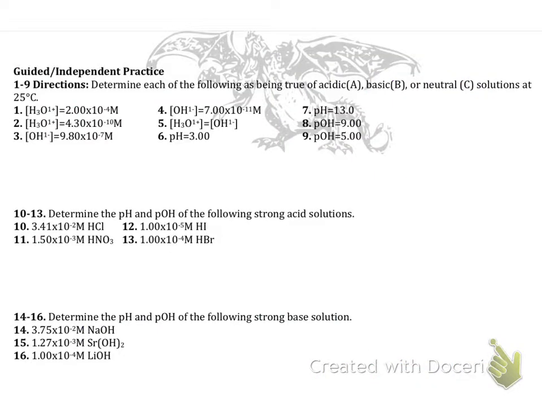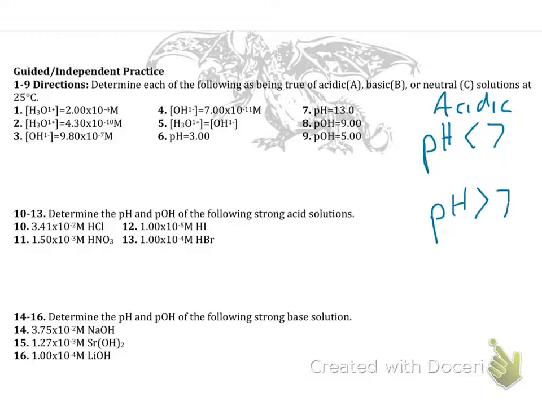Now, something to keep in mind is if you have a pH that is less than 7, it's going to be acidic. And if you have a pH that's greater than 7, it's going to be basic. And if you have a pH that's equal to 7, it's neutral.